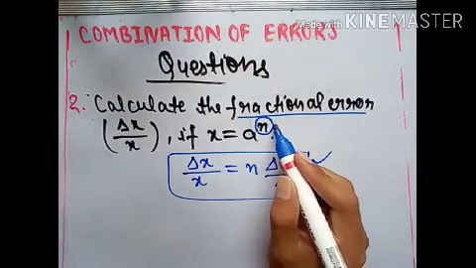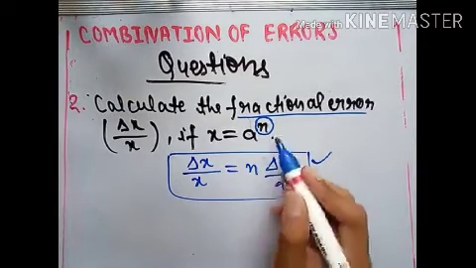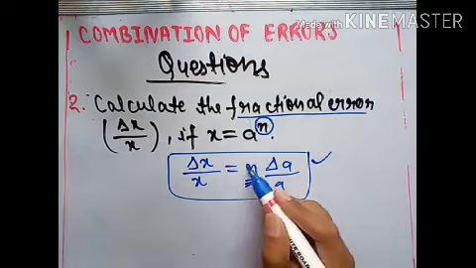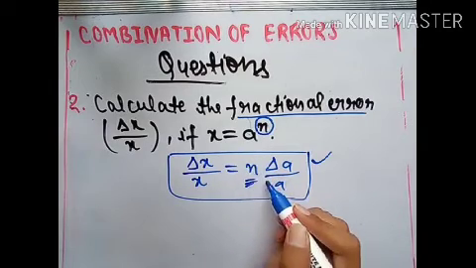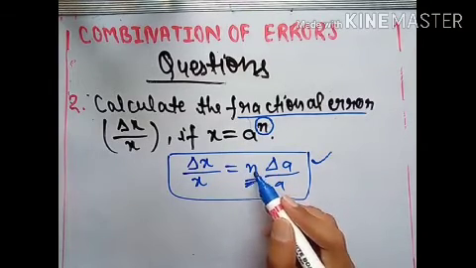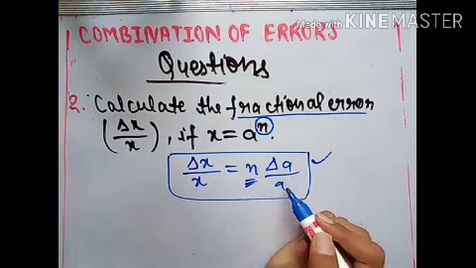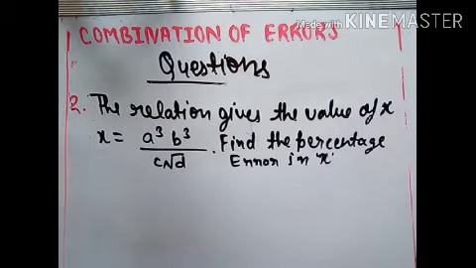Just this is a way of writing the error. Look, the power n, and this is right now in the coefficient form. This n is multiplying with delta a by a. Understand? Look at this question. You are really going to learn a lot from this question, because this question is combinedly packed.